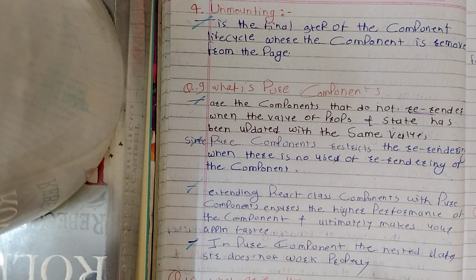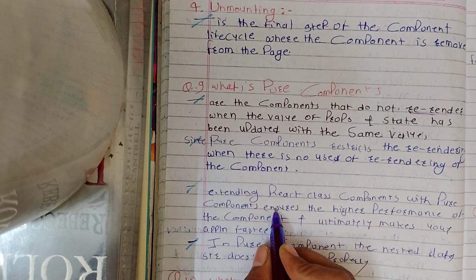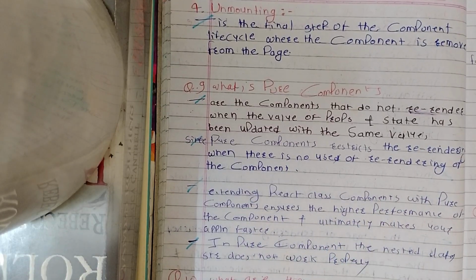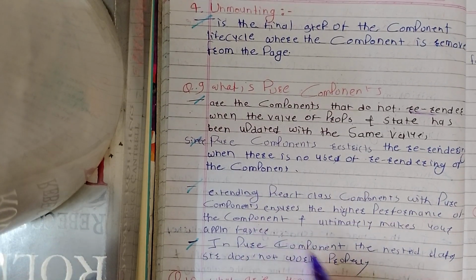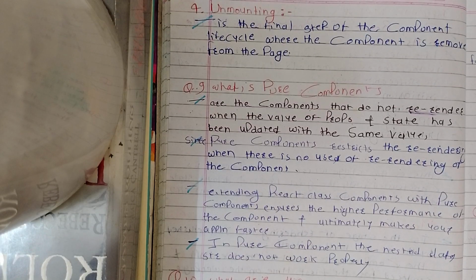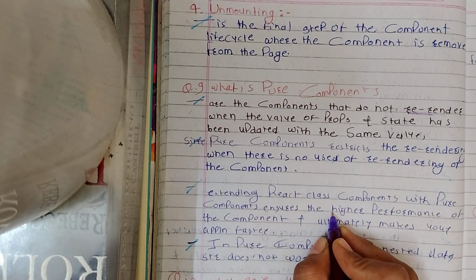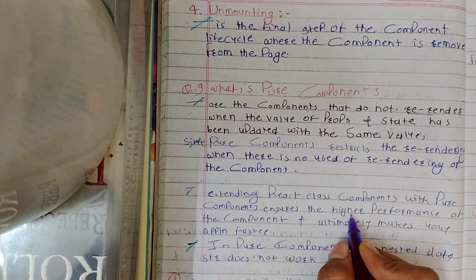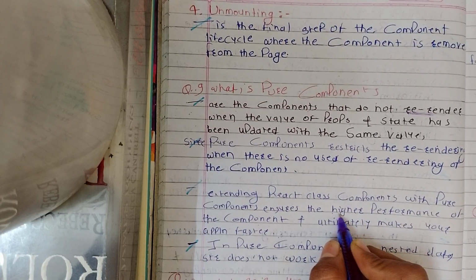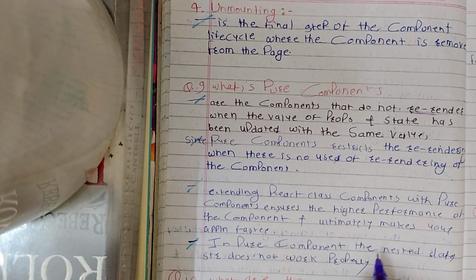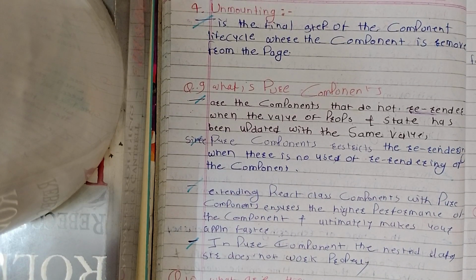Extending React class components with pure components ensures higher performance and ultimately makes your application faster. If we declare a pure component, it will not re-render again and again. Re-renders decrease, which gives high performance to the component and makes the application faster.